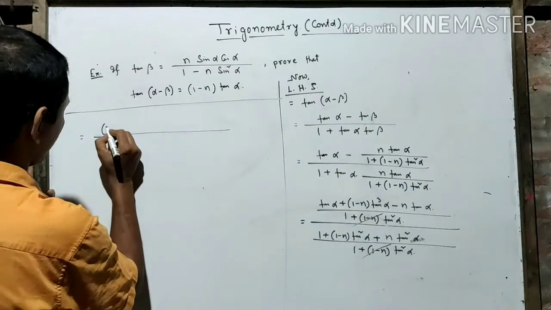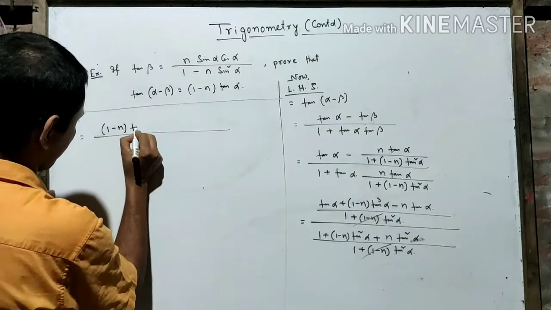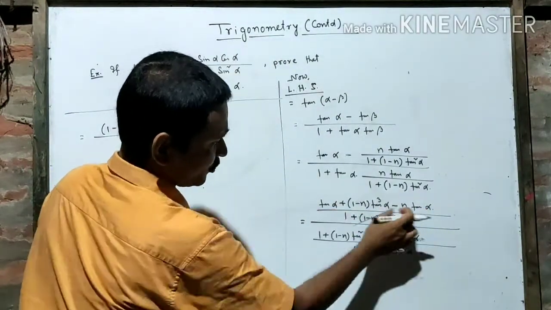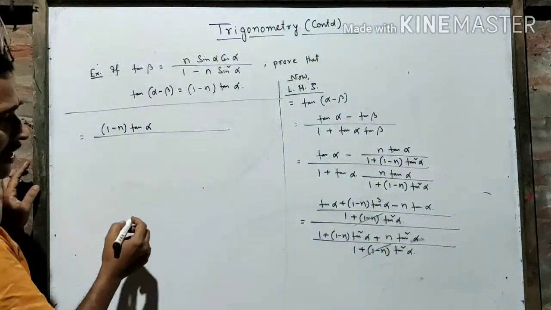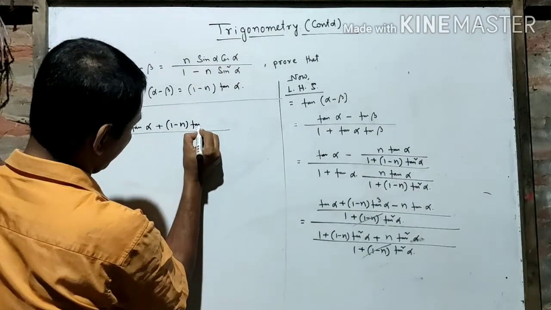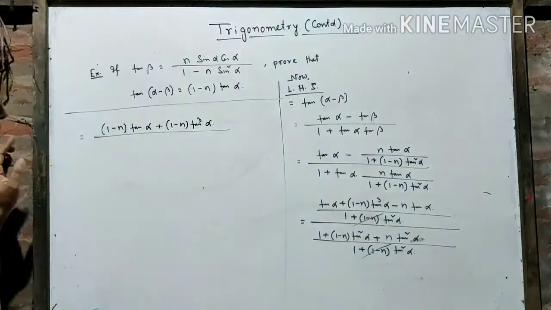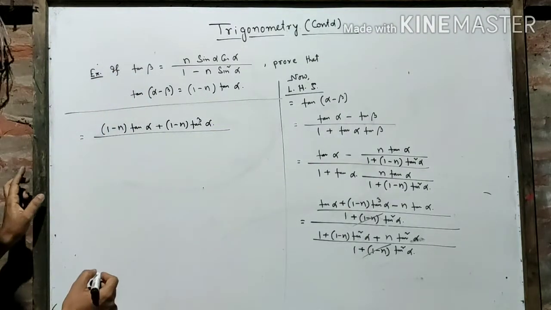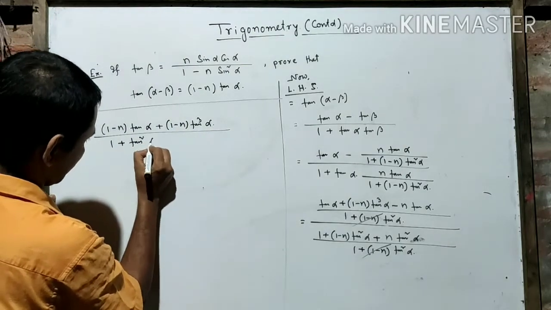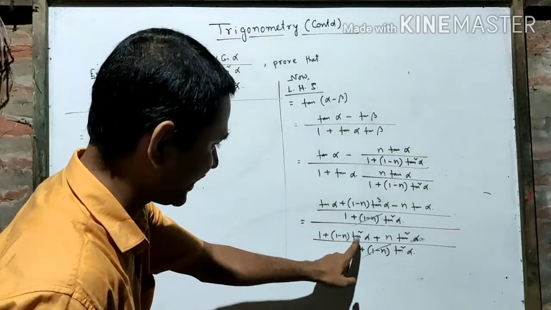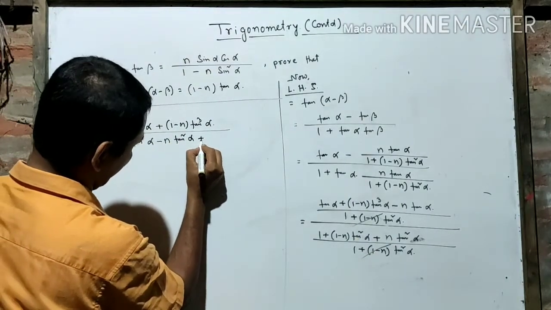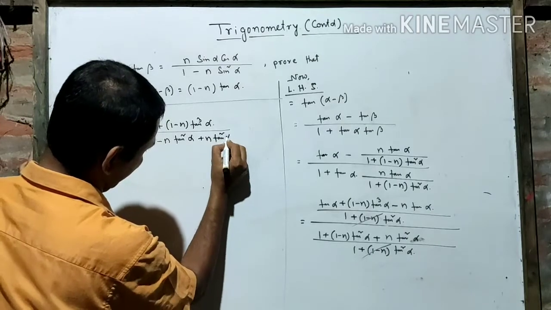If we take tan alpha common, this will be (1 minus n) tan alpha, taken common from these two quantities, plus (1 minus n) tan cube alpha, divided by 1 plus, if we expand, tan square alpha minus n tan square alpha plus n tan square alpha.